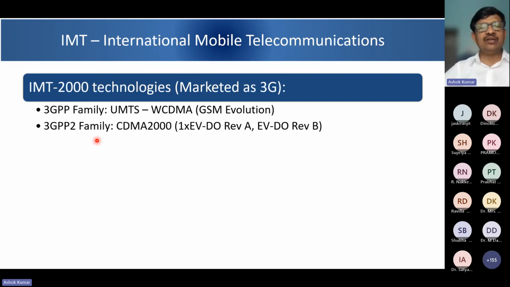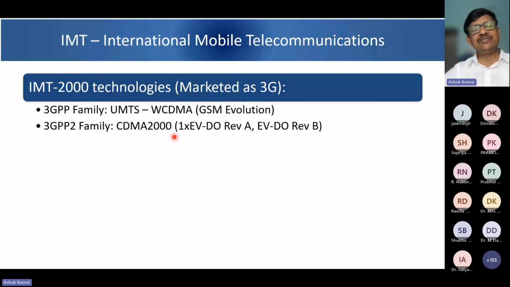There were two technologies approved as 3G by ITU. One is from 3GPP, which we discussed, and that technology is nothing but WCDMA, an evolution from GSM. We also call it UMTS. The other technology was from the 3GPP2 family. There was another group earlier, now it is no more working, 3GPP2, which was evolving mobile technology based on CDMA.